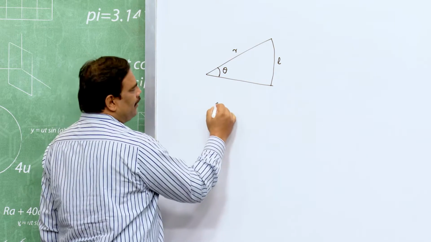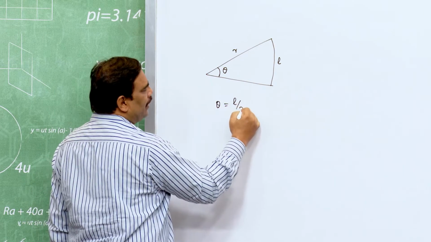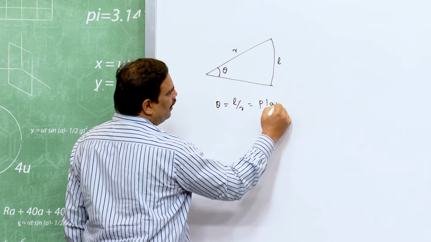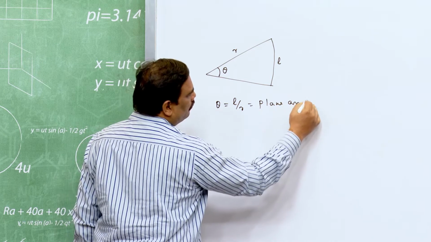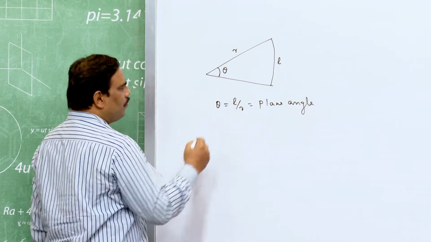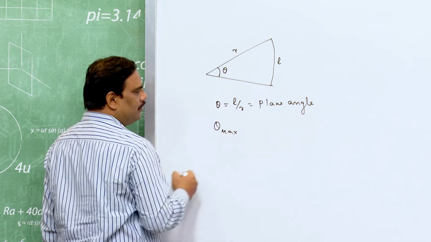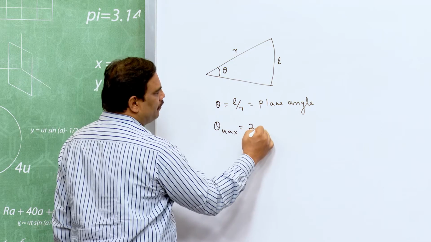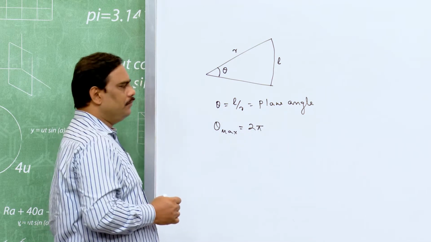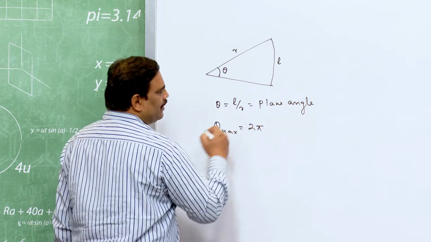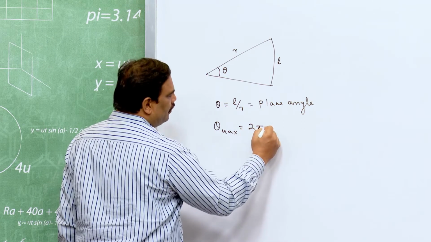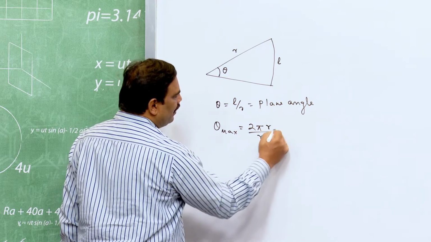We normally write theta equal to L by r. This is my plane angle, and the maximum value of theta is 2 pi. This 2 pi is calculated by 2 pi r by r, it is 2 pi.